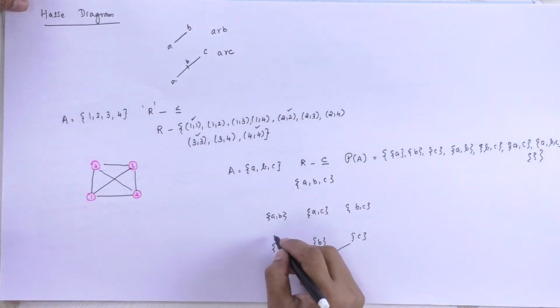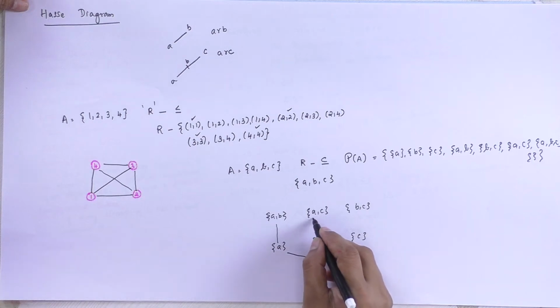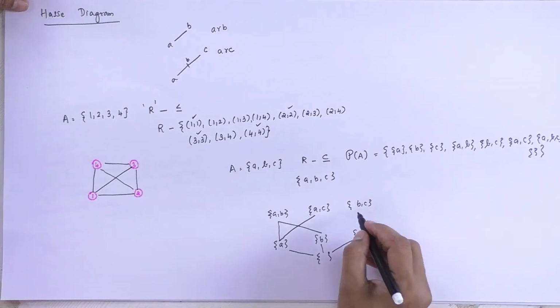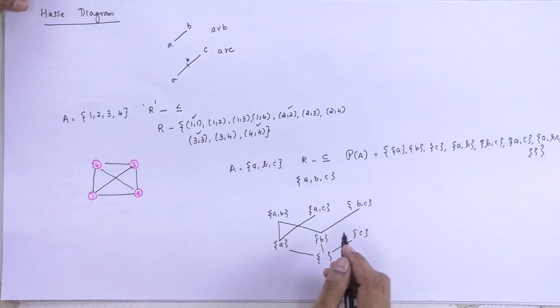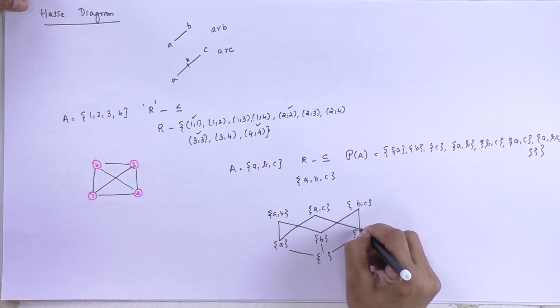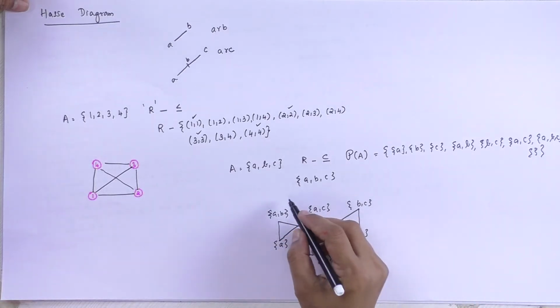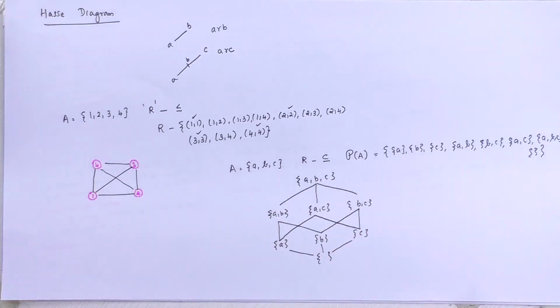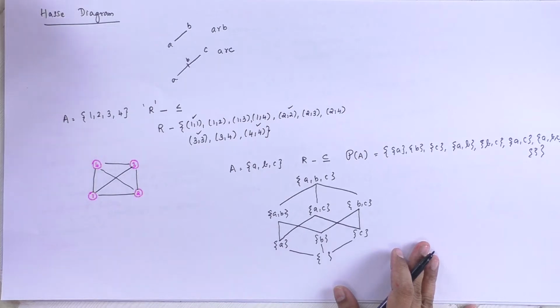So no need to have an arrow mark. Again, {a} is a subset of {a,b}, {a} is a subset of {a,c}, {b} is a subset of {a,b}, and {b} is a subset of {b,c}. Now {c} is a subset of {a,c} as well as {c} is a subset of {b,c}. Then again these 3 are subsets of {a,b,c}. So this is how one will be drawing the Hasse diagram.